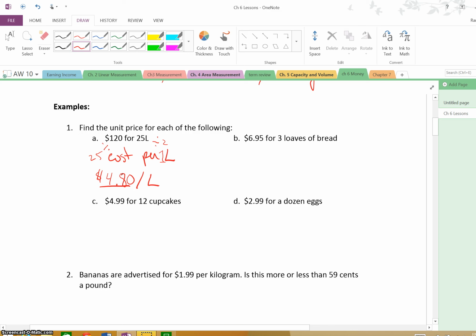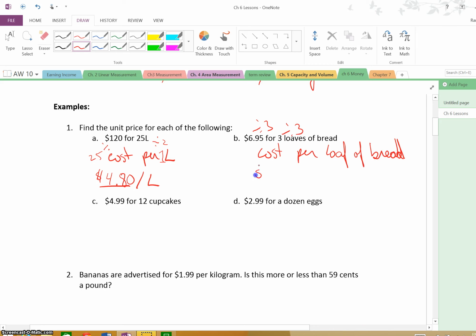B. I don't want to know how many loaves I get for $1. I want to know what the cost for 1 loaf is going to be. So I want to know the cost per loaf of bread. I'm going to divide both of these by 3. So 3 divided by 3 is 1.